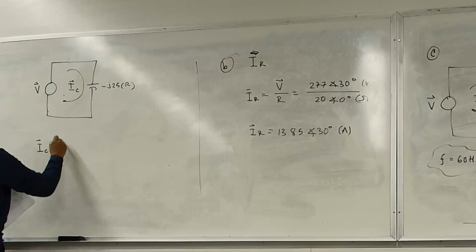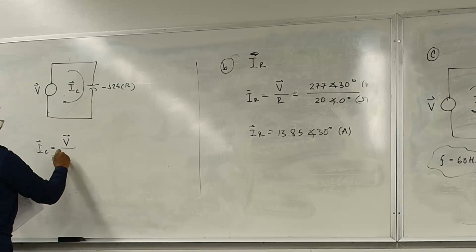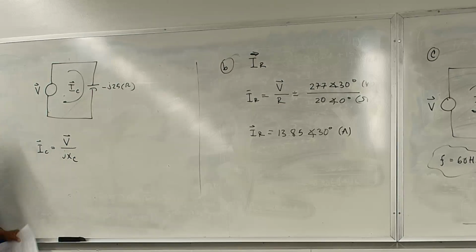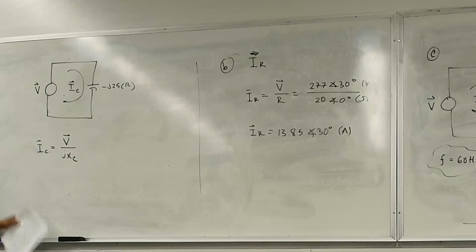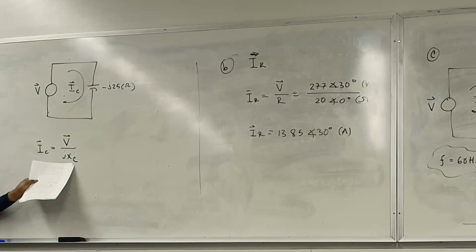IC is equal to the voltage divided by the impedance, which is jXC. By the way, sometimes they don't put a minus, they just call it jXC.